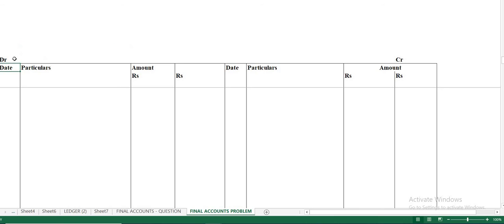So left hand side of your notebook is your debit side and right hand side is your credit side, and write down the heading. Okay, so heading: trading account. Some people will write trading account and profit and loss account together. It depends upon you. Trading account of Mr. Ram for the year ended as on.